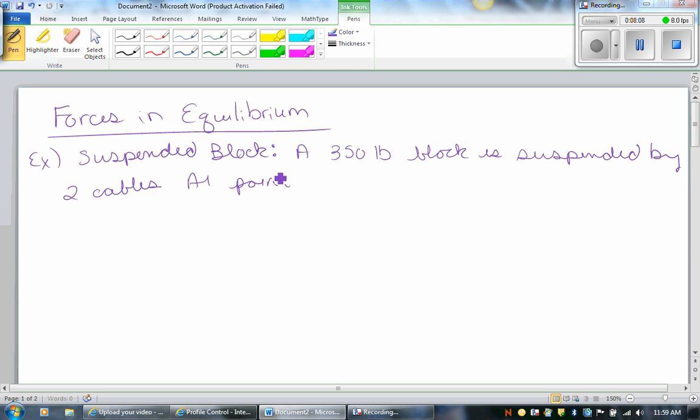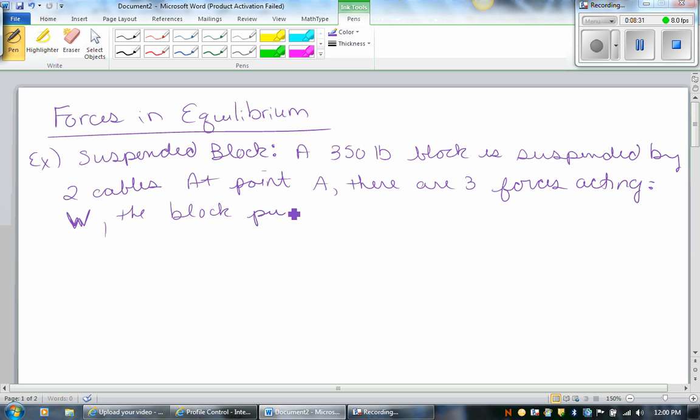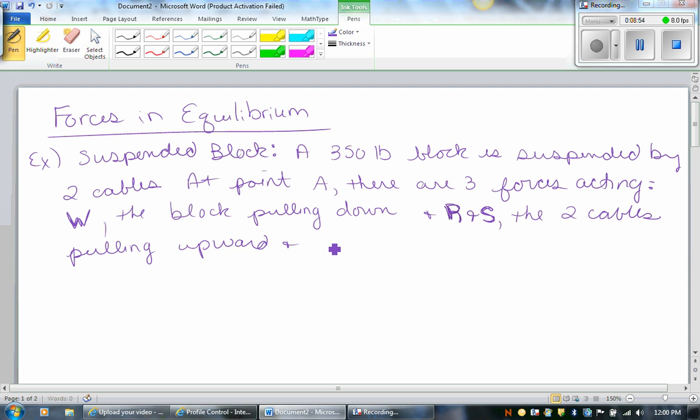At point A, there are 3 forces acting: W, the block pulling down, and R and S, the 2 cables pulling upward and outward. Find the tension in each cable.